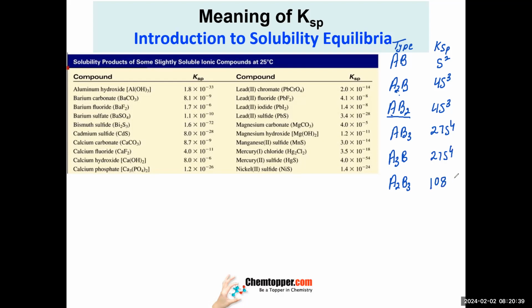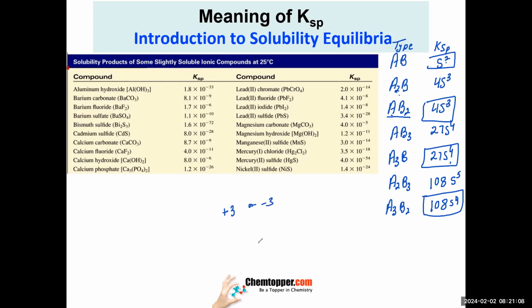Yes, S raised to power 5. And if it is A3B2, same. So basically, you're going to deal with only these types of salts. How many types? One, two, three, four. Only four types, because the maximum charge I can have is plus 3 or minus 3. That's it. These are the only options of salts.